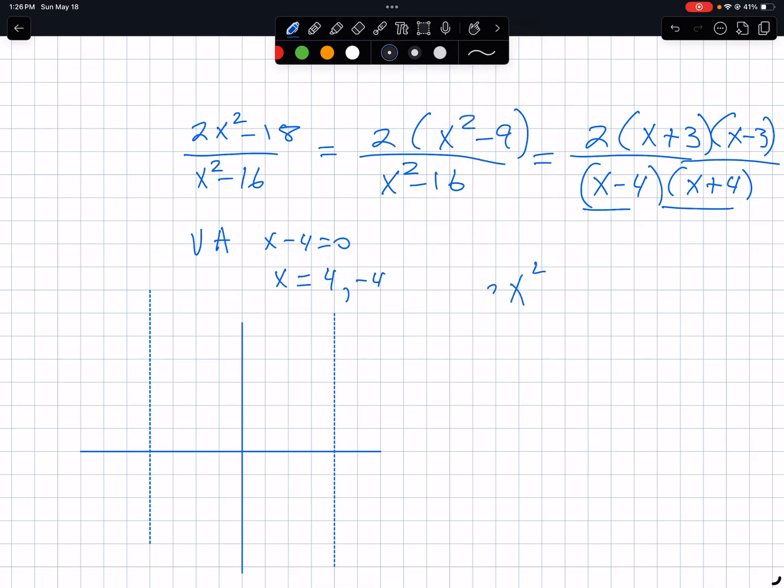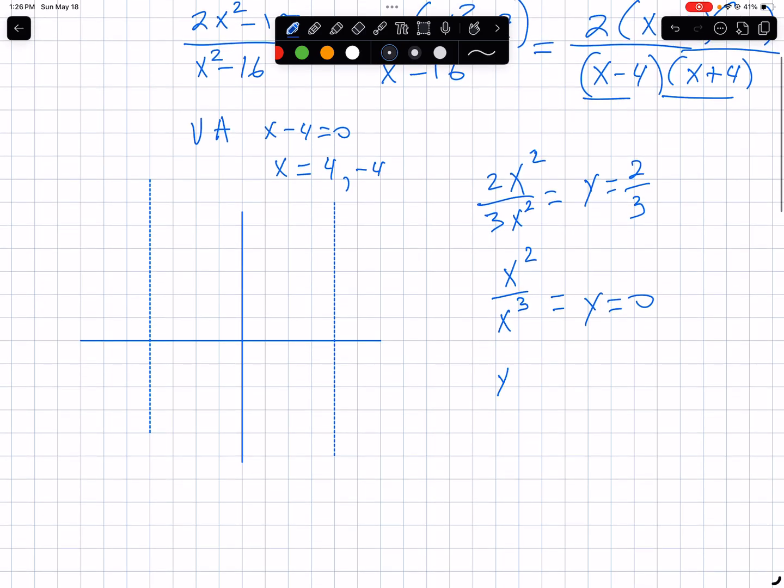If I have, let's say, 2x squared over 3x squared, so the degree is the same top and bottom, then it's y equals, you make a fraction out of those coefficients, so y equals 2/3. If it's smaller on top than on bottom, so squared and cubed, then it's y equals 0.